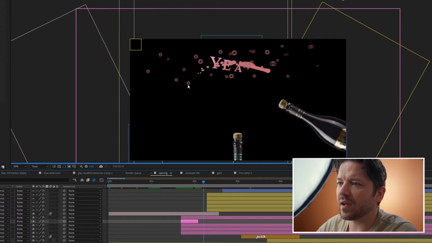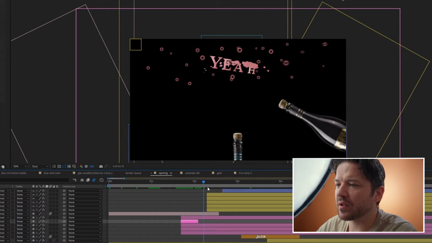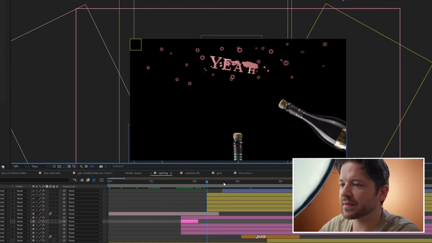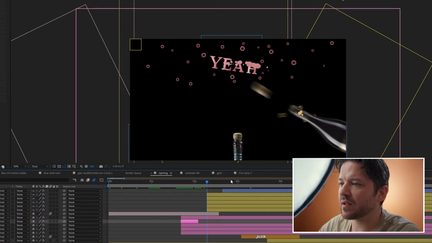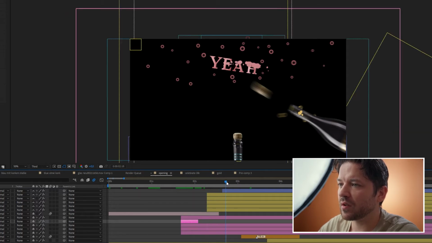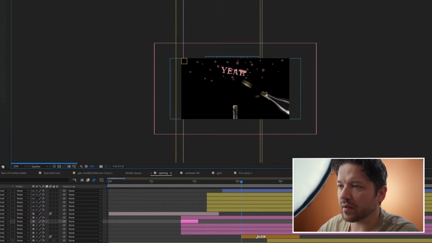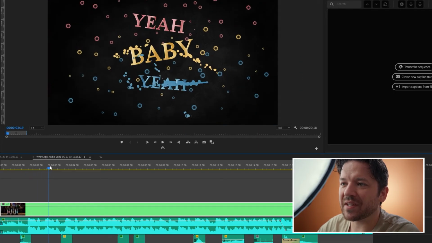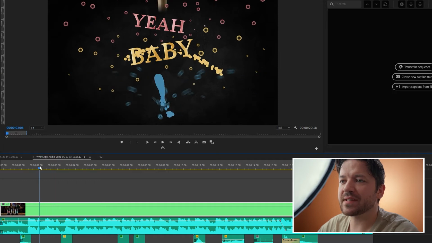So, and then they're jumping out those little bubbles and moving around with Randomatic 2, because they're just wiggling a little on its place. Because doing it by hand would take much more time, and that's what we do with all the other bottles too. Let's go to Premiere. So we got the Yeah Baby Yeah, and you can see the blob is moving around, and in front there are those bubbles.